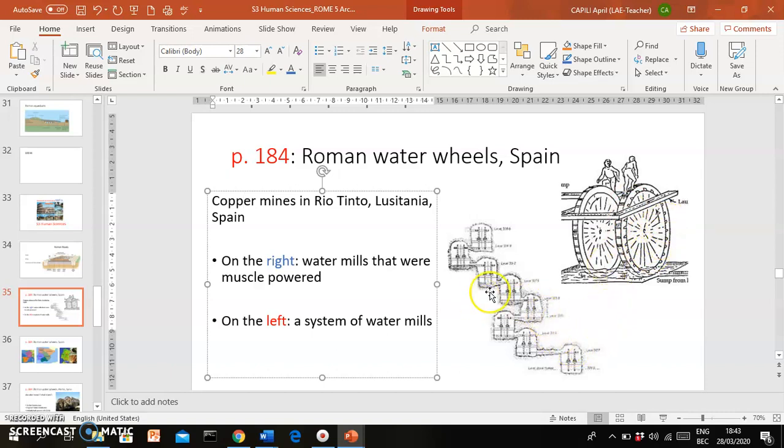Okay, and here on the left, you can see that things like this were actually part of a more complex system. As far as we understand, it's possible that they were using these to bring water up. If you were mining and digging deeper into the earth, you would find water there, so you would bring water up.